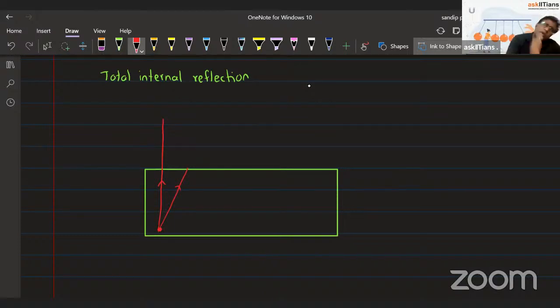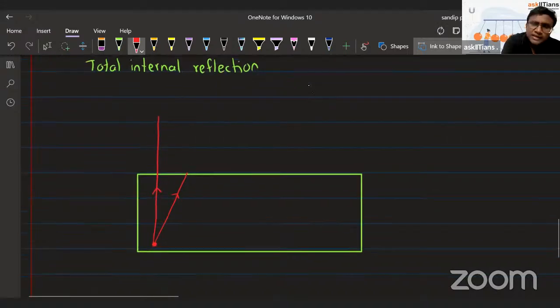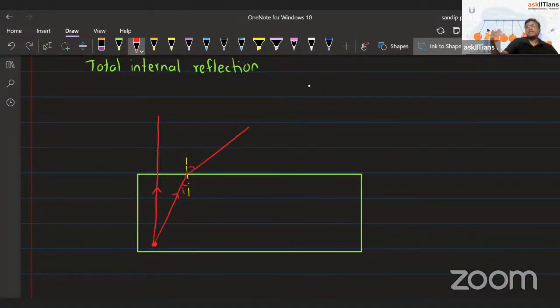Now, the first light will go as it is because it is perpendicular to the surface. But the second light, after refraction, will become something like this. It will bend away from the normal because we are going from a denser to a rarer medium. For the third light, if the angle of incidence is increased, the angle of refraction will also increase.